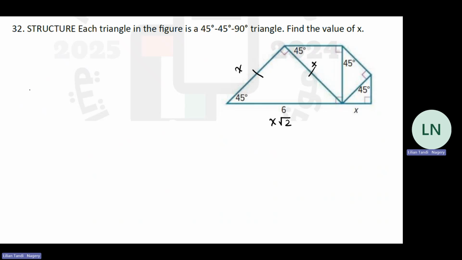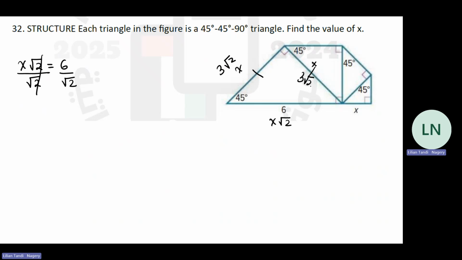So x square root 2 equals 6. Divide both sides by square root 2. So what is 6 divided by square root 2? So this will be 3 square root 2.